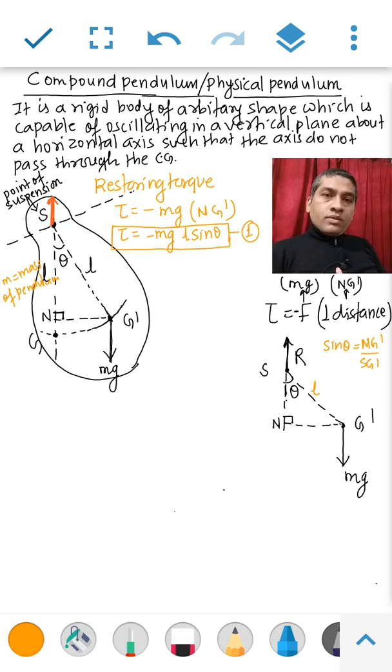Now we have displaced the pendulum by a small angle theta. So we know the expansion of sine.